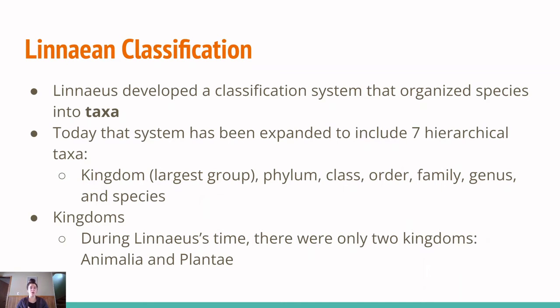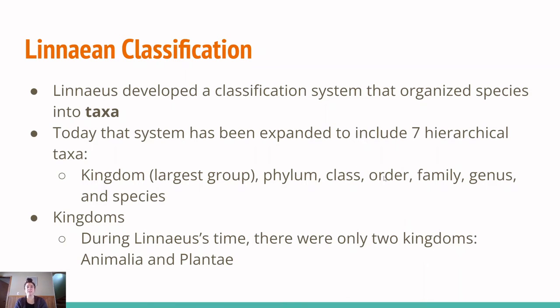And so today we've expanded that. I don't remember exactly how many taxa he had when he started, but we now have 7 taxa, and they go kingdom, phylum, class, order, family, genus, and species. So if you look at this, kingdom would be the biggest, so that's like the largest group or the broadest group, and they just start getting a little bit more specialized and specific.